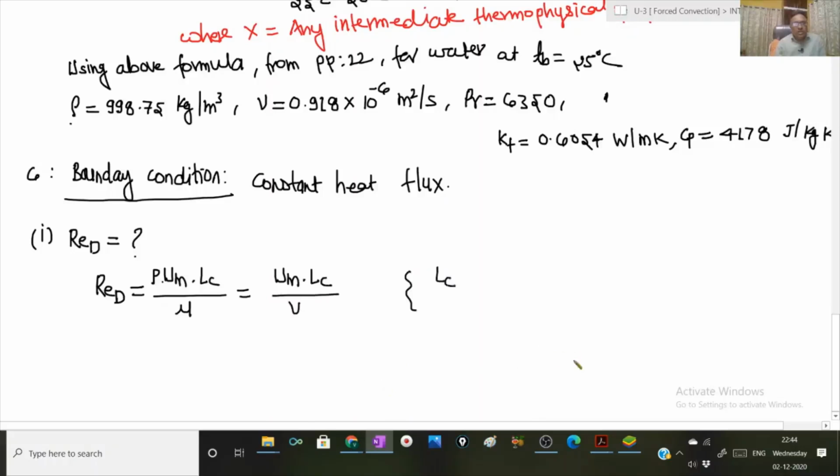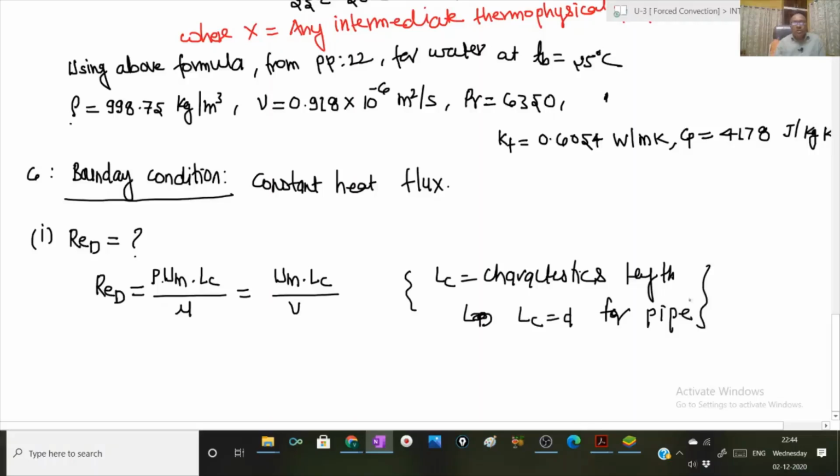Here LC is called as characteristics length, and for flow through the pipe, LC will be taken as diameter D for pipe. Putting the value of this LC into this formula, Re_D becomes um into D over nu.